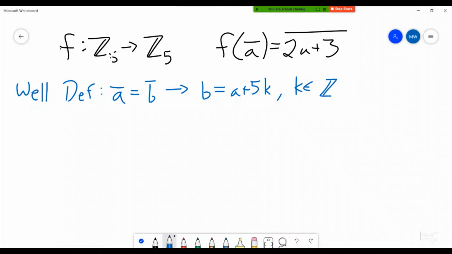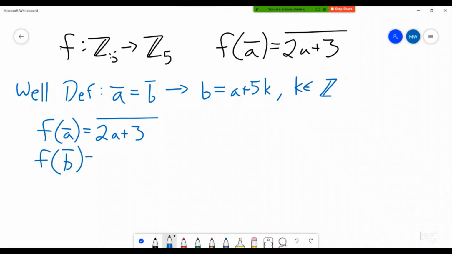And so now we're going to be looking to see what happens if we look at f of a and f of b. So we have f of a is equal to the class of 2a plus 3. And we now need to show that f of the class of b can also be written that way.